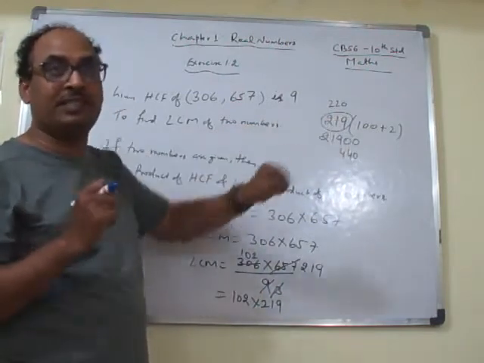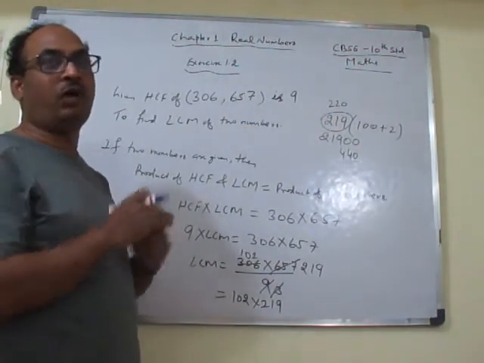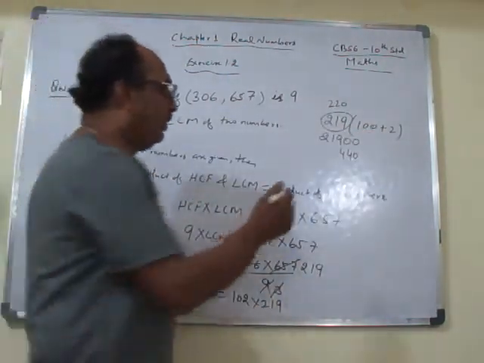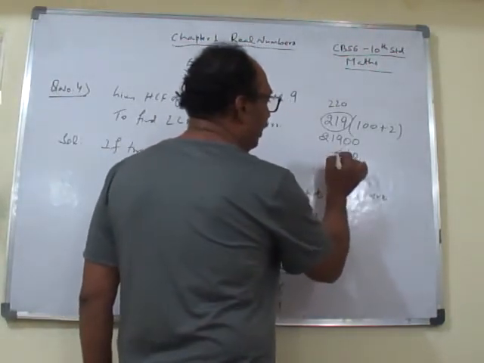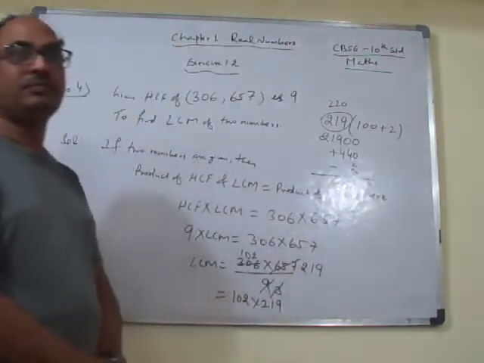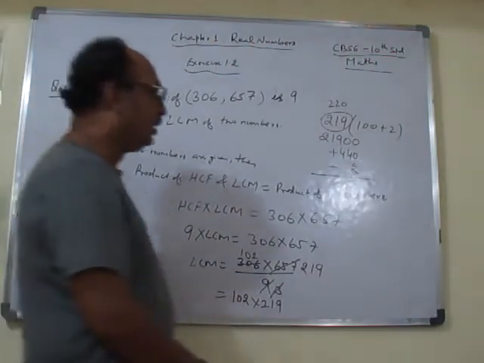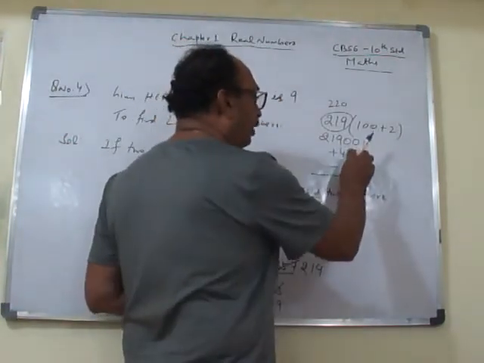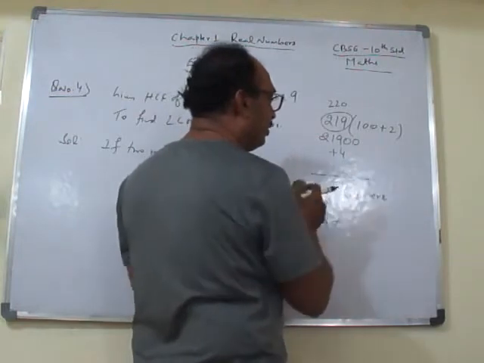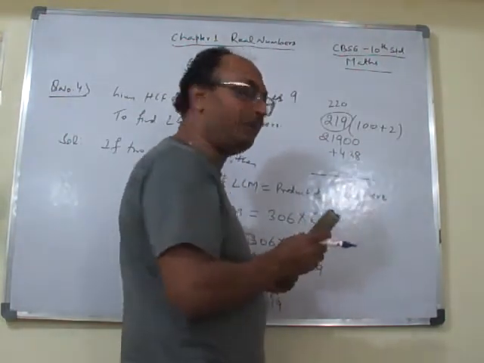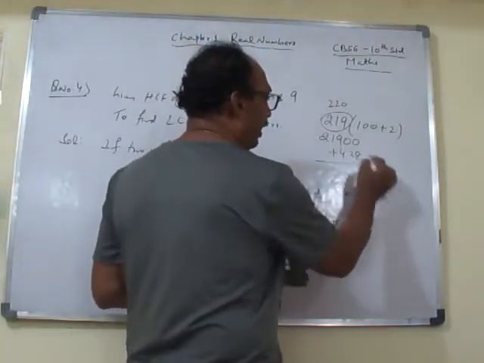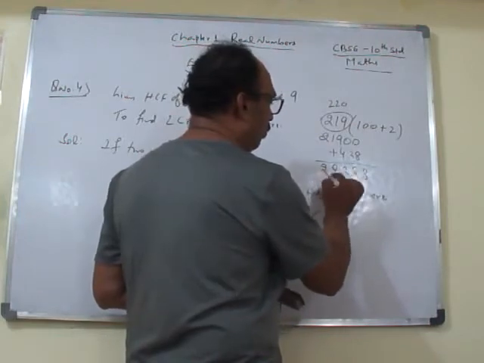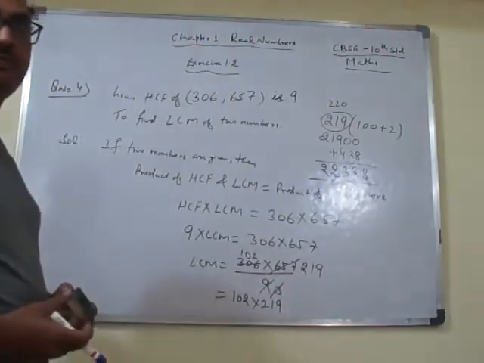There was actually 1 less. It means that 1 into 2, so 2 we have to subtract. So in place of 440, you can write 438 immediately. Then we will add.